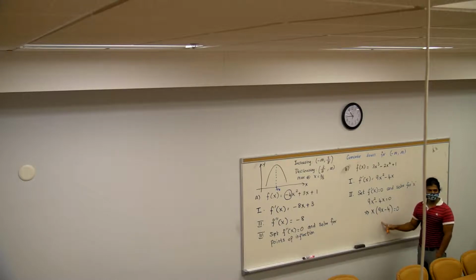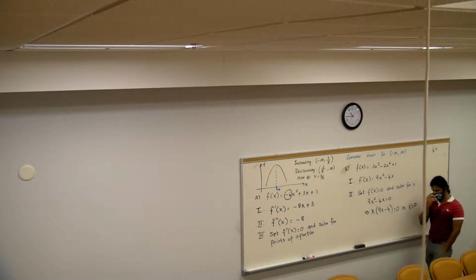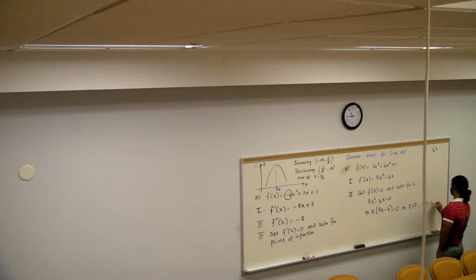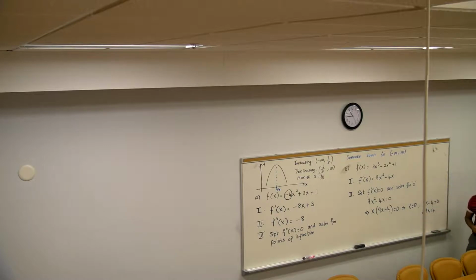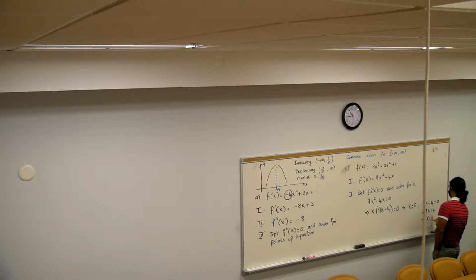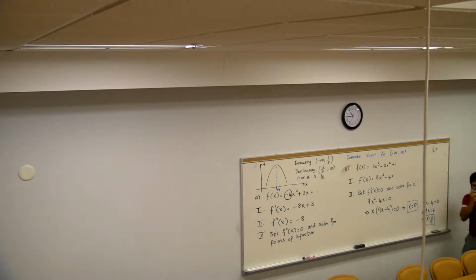If you multiply the two, you get 0, which would imply you set the first one equal to 0, which gives us 0. 9x minus 4 equal to 0, which would imply 9x is equal to 4. So x is 0 and x is 4 over 9. Those are the two critical values.